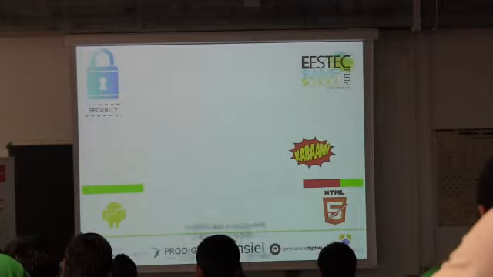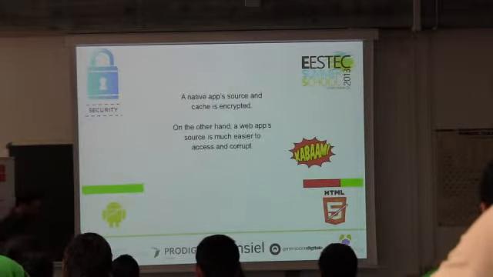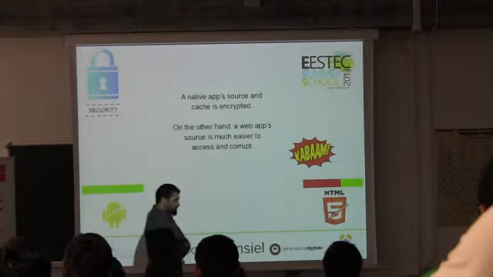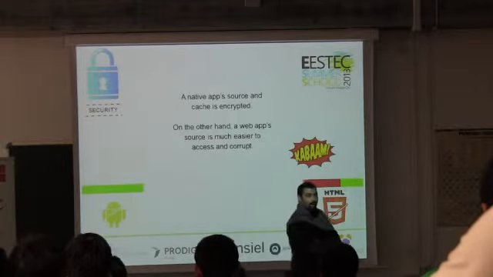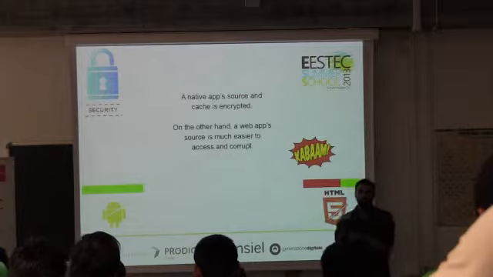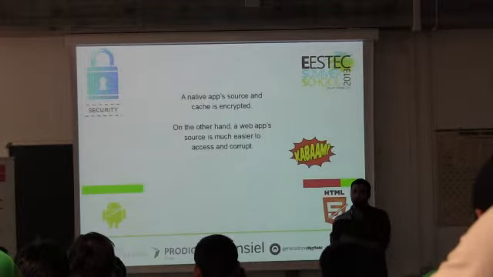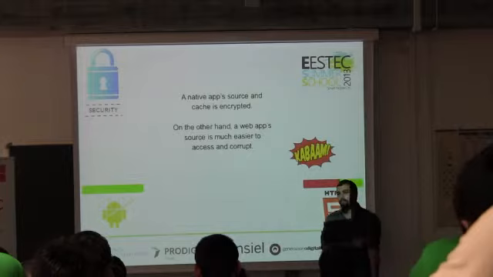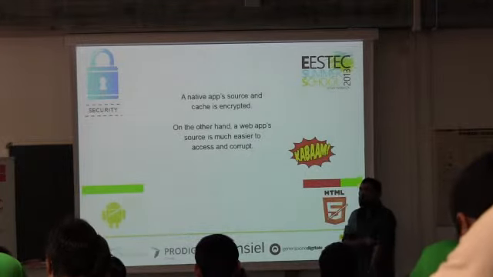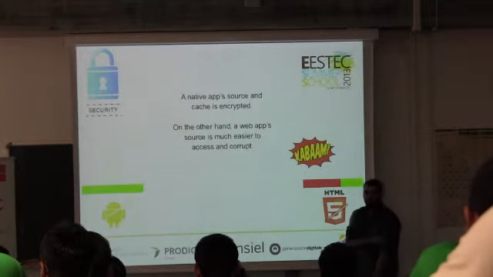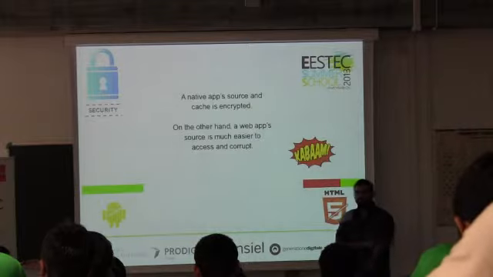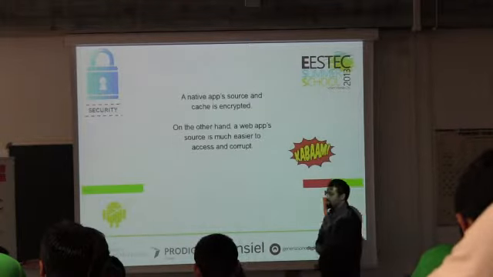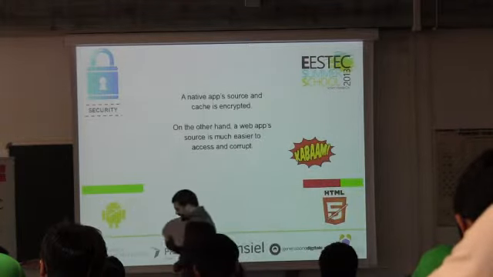Native app source and cache are encrypted, guys. How can we assure that it's encrypted? When you're producing an APK file, you seal it with your own developer key. It's hard to access the binary code of an application, and it's hard to change it in native apps.